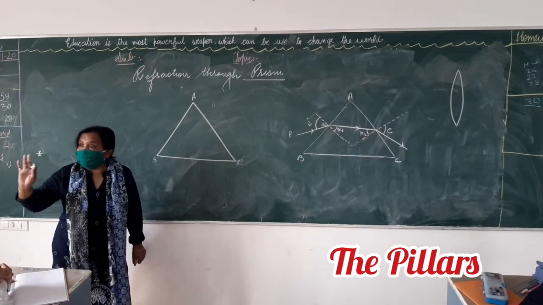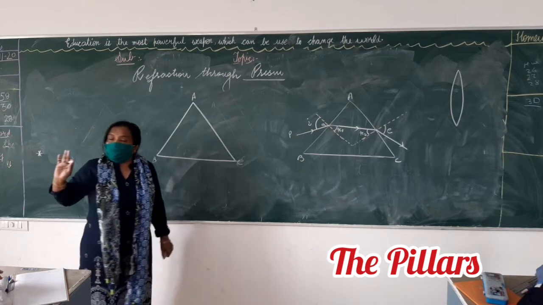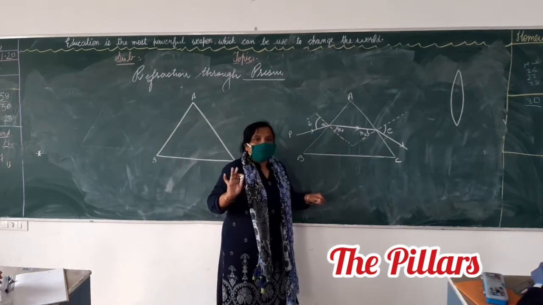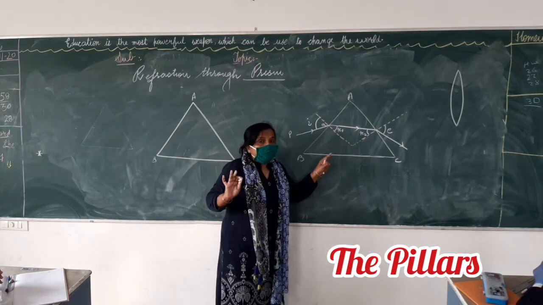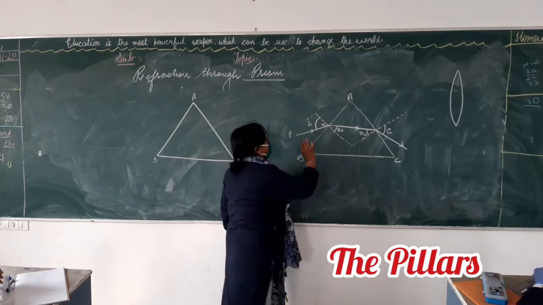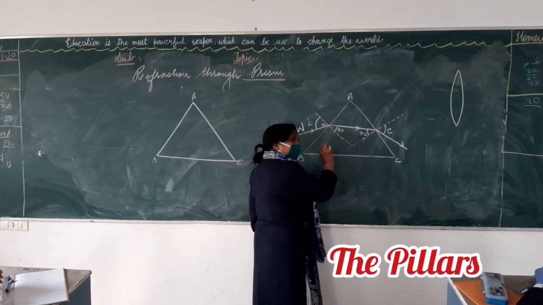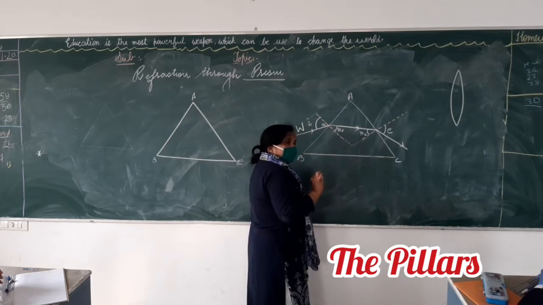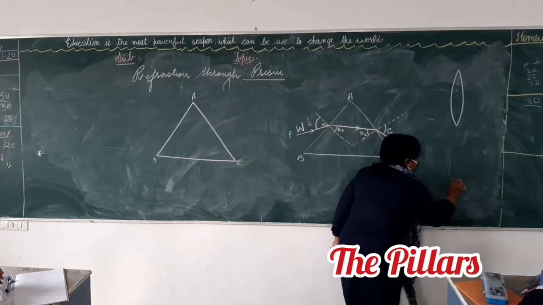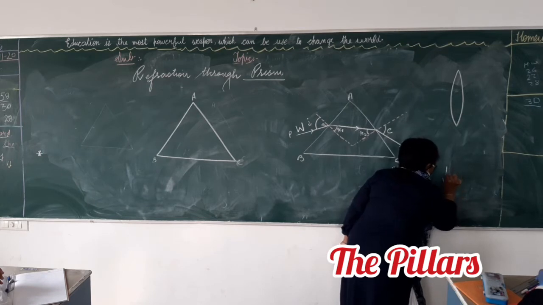Please pay attention here. Suppose it had been white light, this was your white light. What will happen? What is the spectrum?